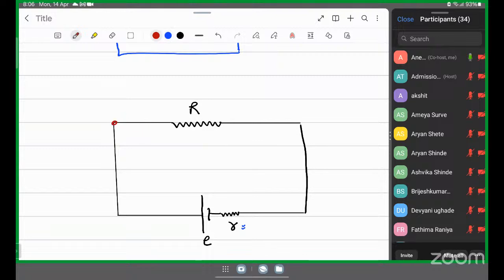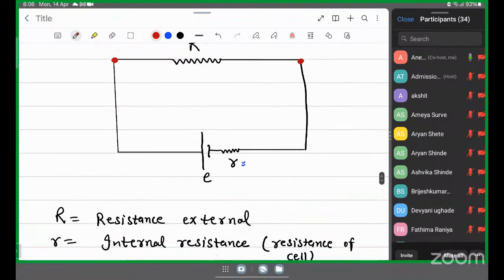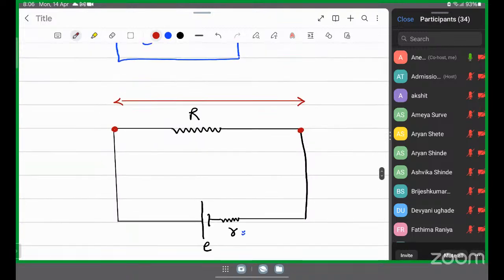So there will be some potential at the terminals of capital R, and some potential at the terminals of small r. The potential difference at the end points of the resistance capital R, or external circuit, is known as terminal potential, and this is given by V.